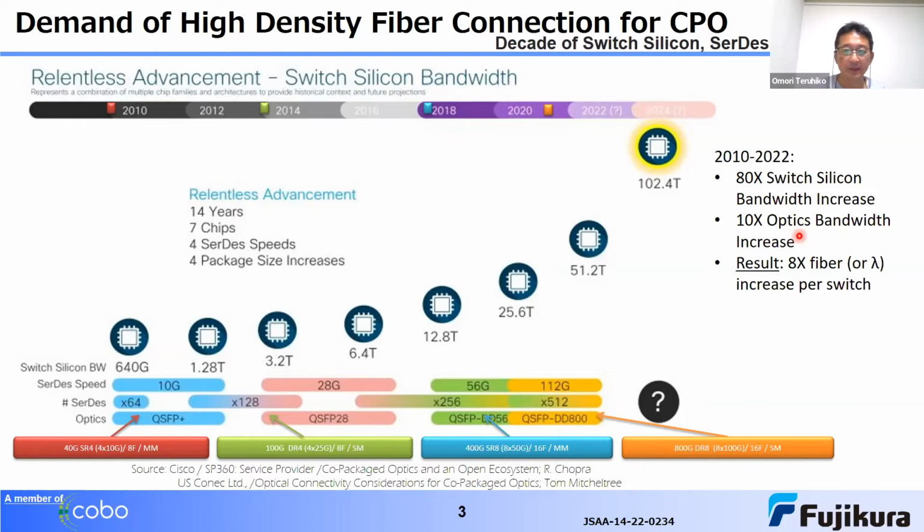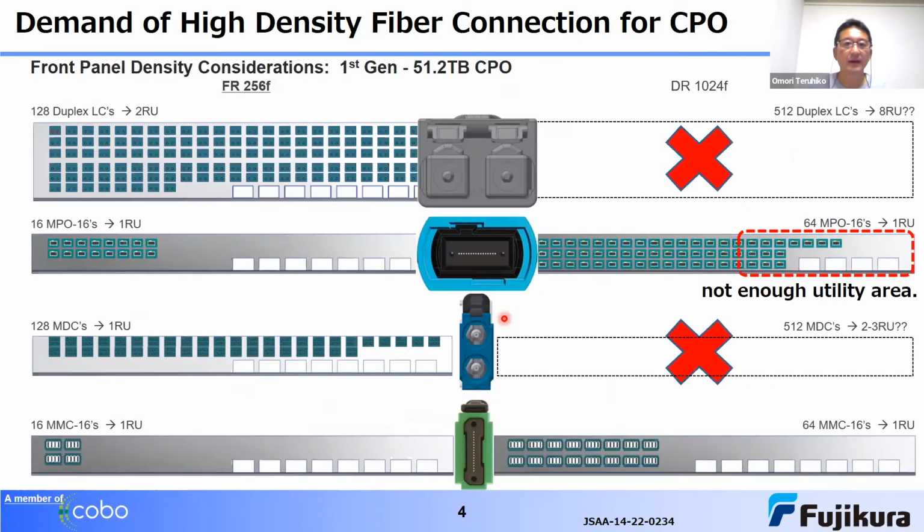Optics bandwidth increased by 10 times from 40 gig to 400 gig. And fibers or wavelengths per switch increased by 8 times. This slide shows front panel density considerations for 51.2 terabit CPO switch.